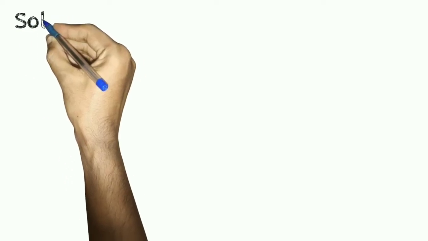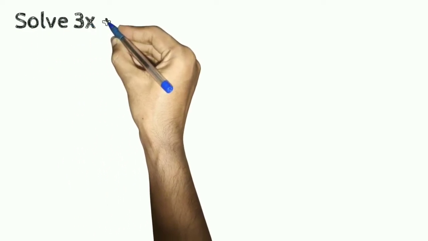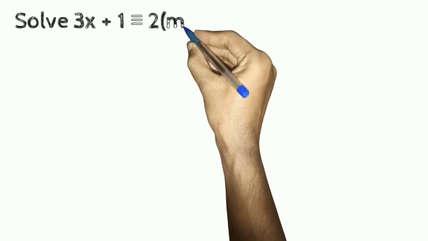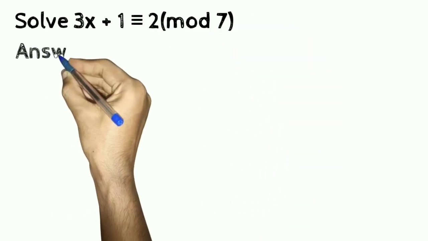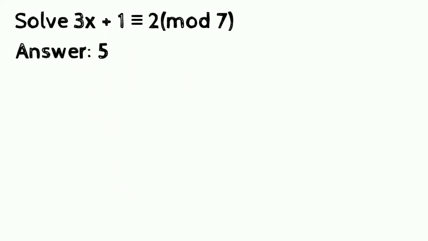Please take note of the following. If the problem is to solve 3x plus 1 and 2 are congruent modulo 7, your answer should be 5.